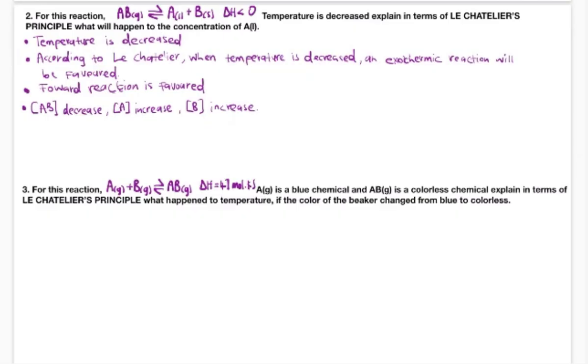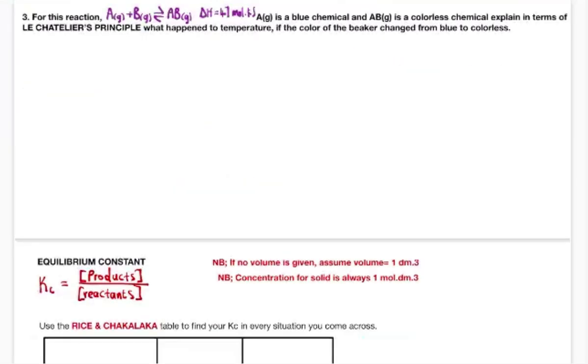So A will increase. For the last question, for this reaction, A plus B forms AB. Again, they say the heat of reaction is equal to 47 kilojoules per mole. So it is positive, which means the forward reaction is endothermic. Again, they say A is a blue chemical and AB is a colorless chemical.